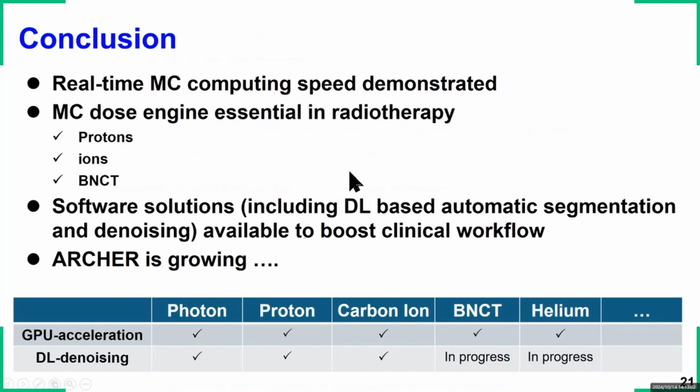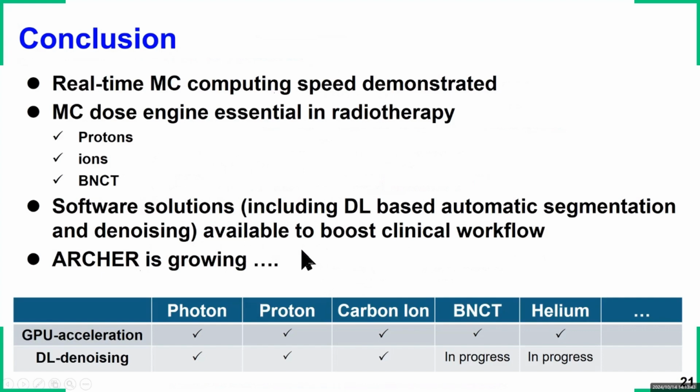Monte Carlo dose engine is and will continue to be essential in radiotherapy, particularly involving proton radiotherapy, heavy ion and helium ion radiotherapy, as well as boron neutron capture therapy. Software solutions, including deep learning-based automatic multi-organ segmentation and DL-based denoising, are available to boost clinical workflow.